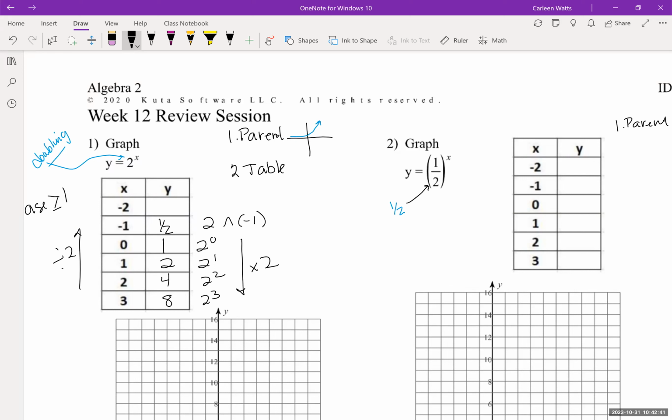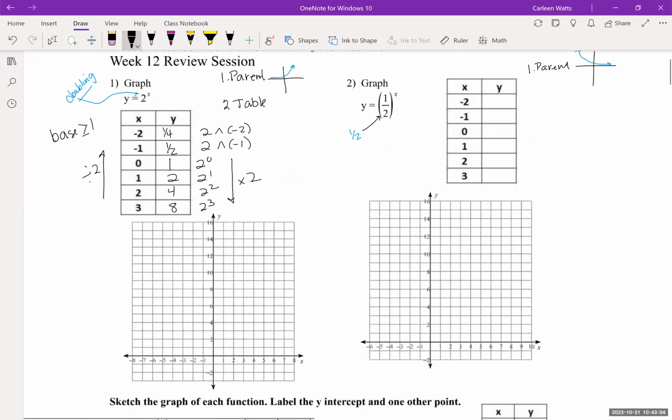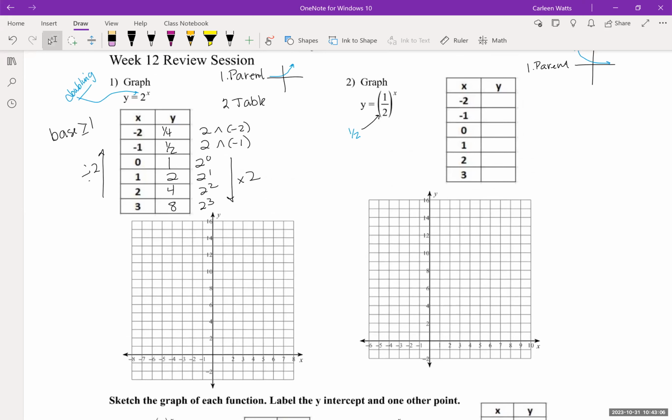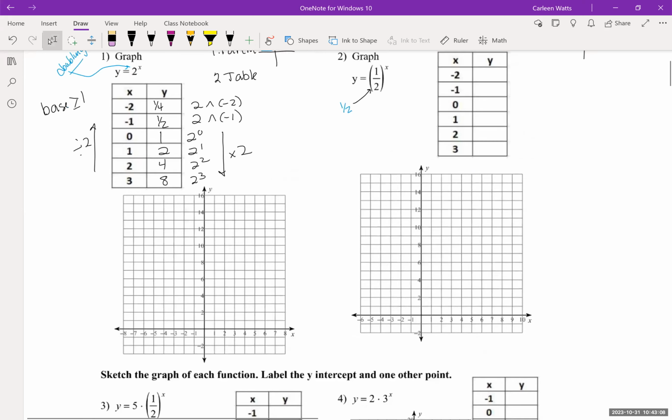Notice there is no 0 in the table. That's what creates the asymptote. If you would do 2 to the negative 2, you would get 1/4. Because of that negative exponent, cross the line, change the sign. So we filled out the table. And it would never cross, you would never get 0. It would get smaller and smaller and never 0.